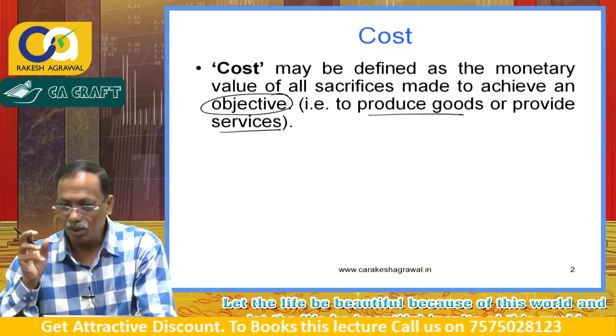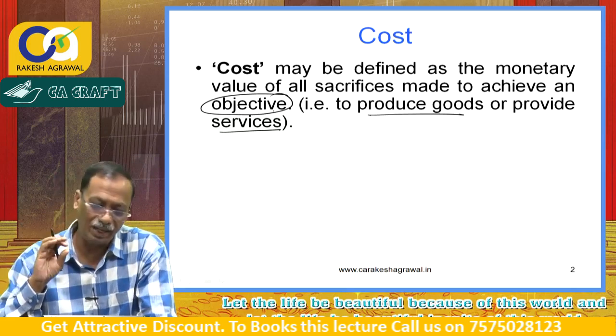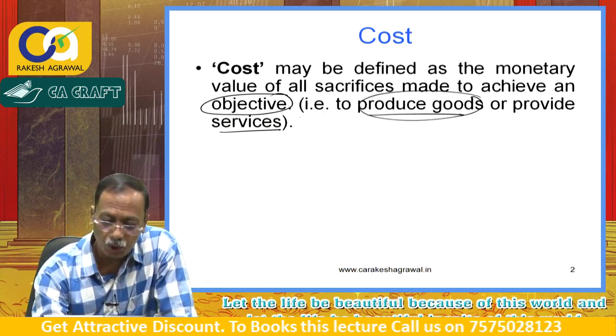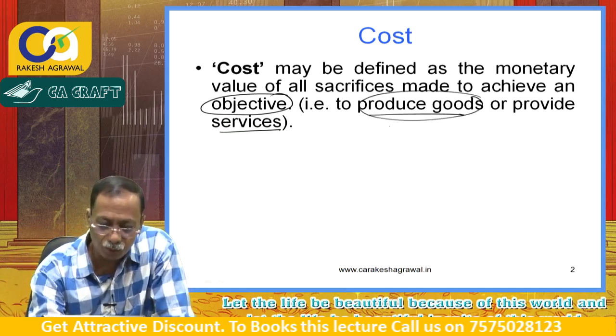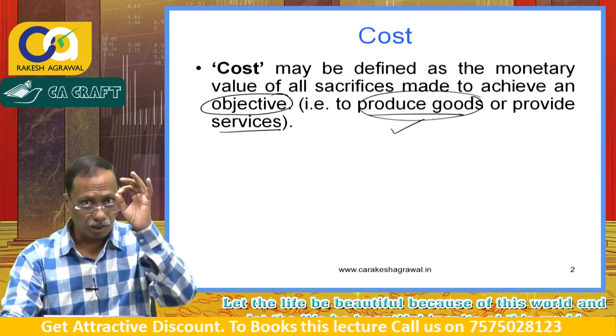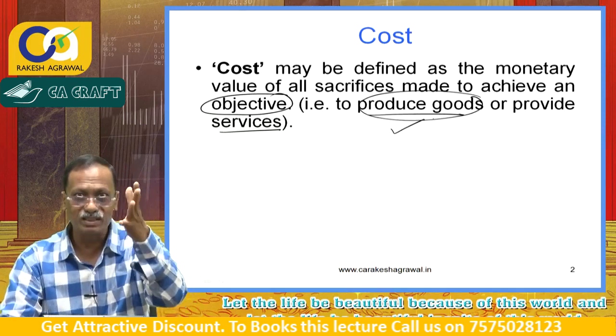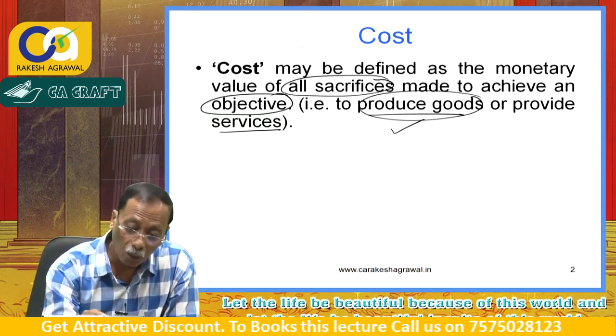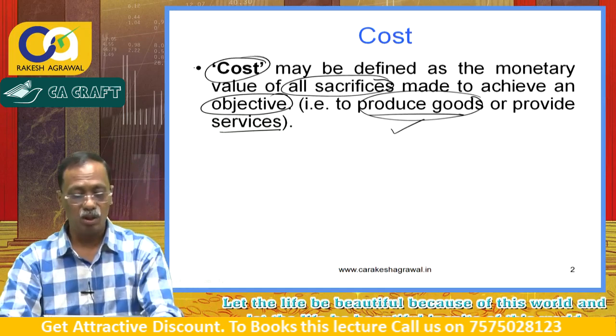So our orientation will be towards manufacturing activity and providing services. To achieve the objective of producing and selling the goods, the monetary value of whatever sacrifices you have made is called cost.